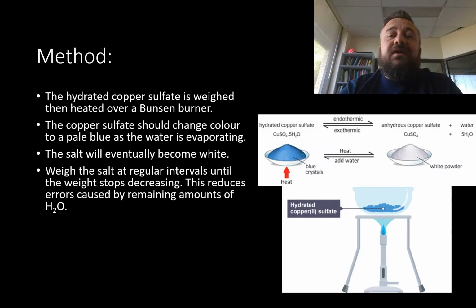And we do that until we get 3 or 4 weights that are the same, so it stops decreasing. Now this reduces errors caused by the remaining amounts of water. It will look as though it has become dry, because that's what we call it, anhydrous, before it actually is. So it will give that appearance.